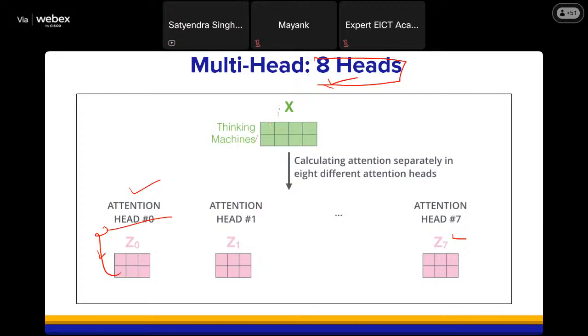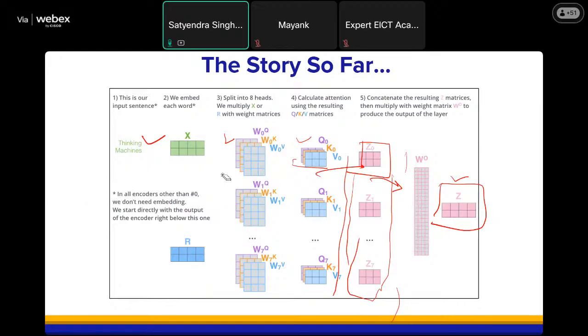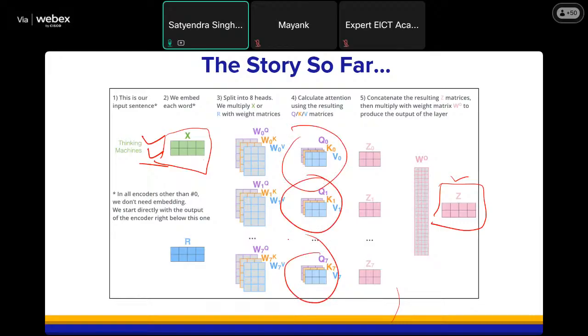Let's say you have 8 heads. This is your input sentence, "thinking machines", and corresponding to this you have the sentence embedding matrix. For each of the 8 heads you have query, key, value matrices, and using these you calculate the contextual embedding.